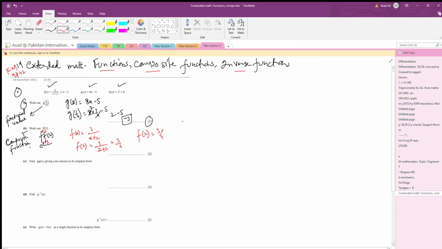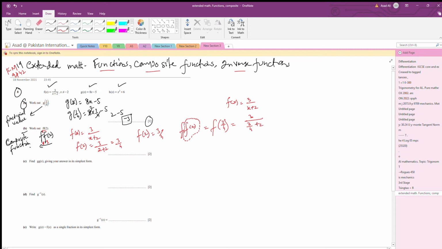Now we need f of f of 2, so replace x with 3 over 4 in f of x equals 3 over x plus 2.